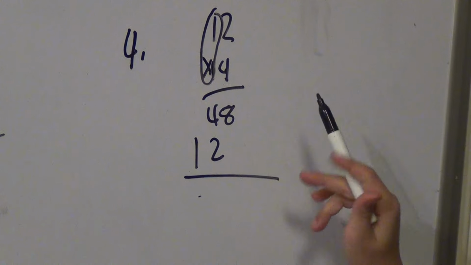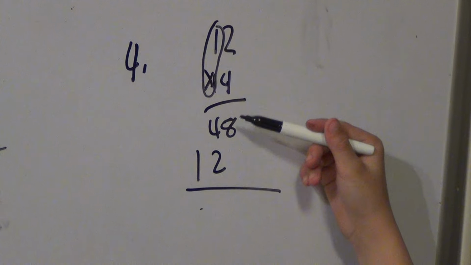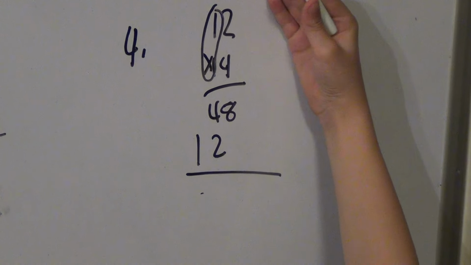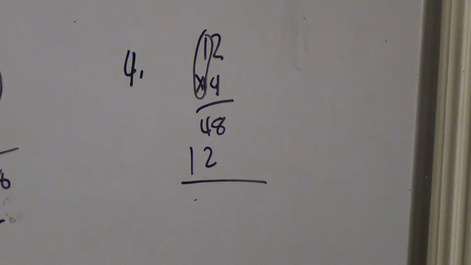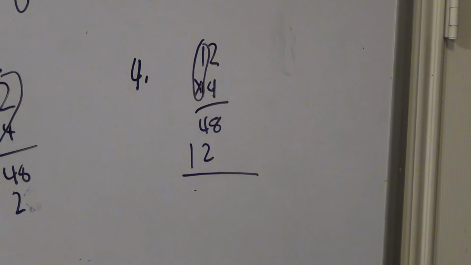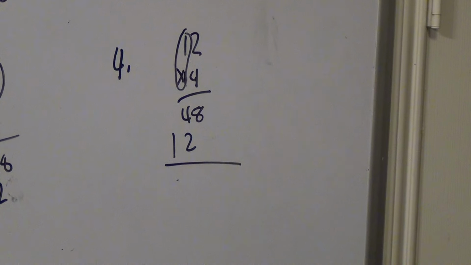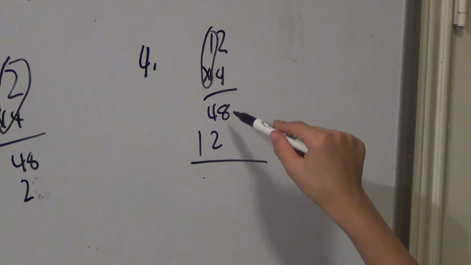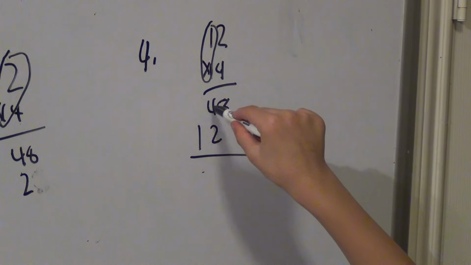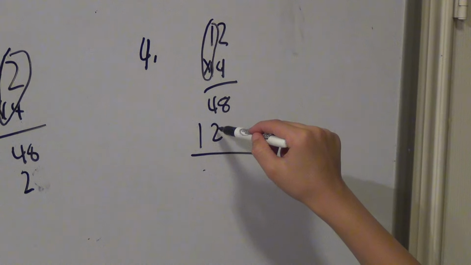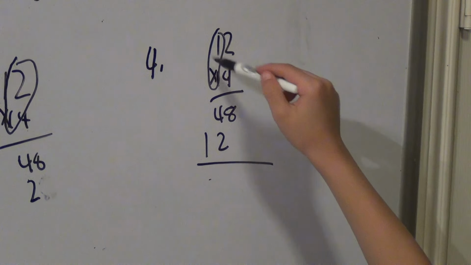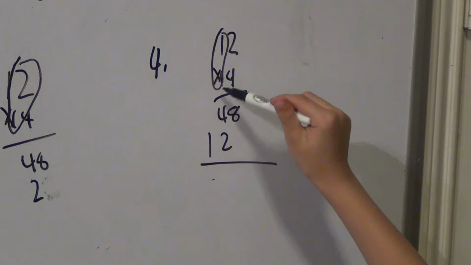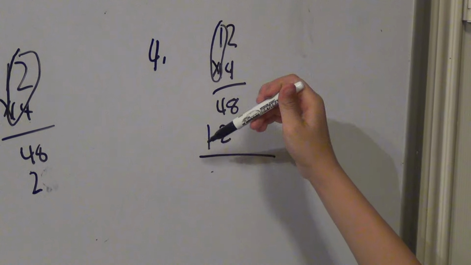In step 4, for this one, you put the 8 right there and the 4 right there. Then for the next step you skip the 1's digit place and put it in the 10's digit place. And then you put the 1 in the 100's digit place because it needs to go after the 2.